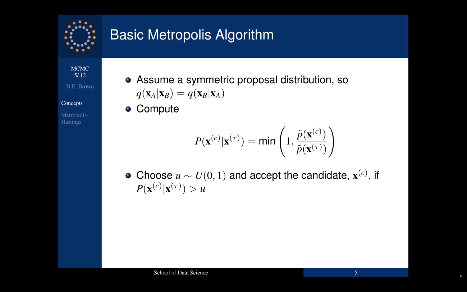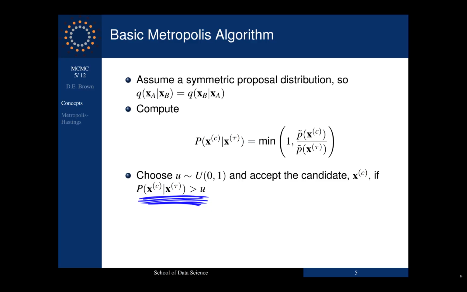And the way that we decide whether to accept or not, we use that acceptance probability within a uniform draw. And that uniform draw basically is between 0 and 1. We're going to draw a value there, and we'll accept that new candidate location, x c, if that ratio of x c to x tau is greater than the uniform value that we drew. Otherwise, we'll reject.